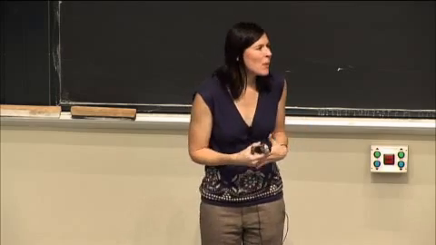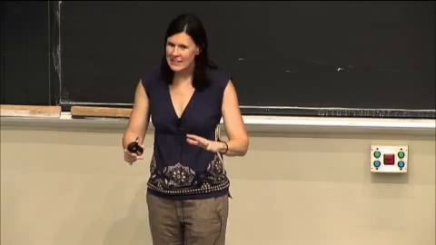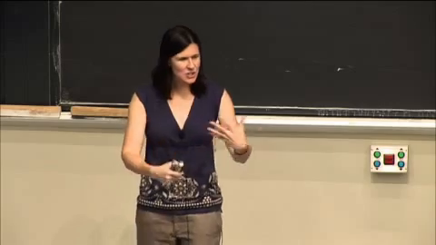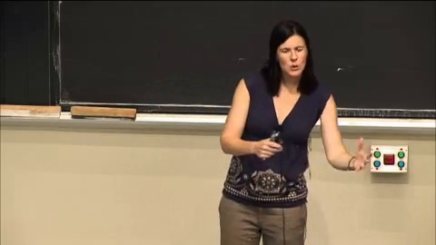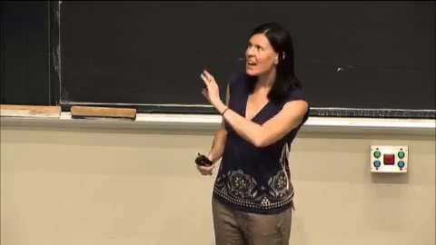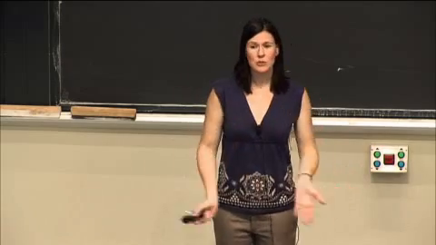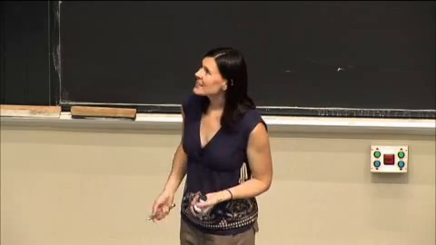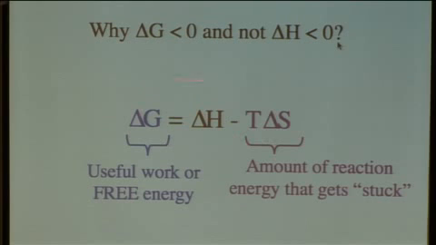For example, molecules, which we don't really go into in this class, have vibrational movements and rotational movements, and there's energy associated with those that can get stuck, as we could say, some of the enthalpy that's released in forming and breaking the bonds in our reaction. So that's a case where we could have a negative delta H but still end up with a positive delta G. And again, I haven't really gone into what entropy is yet, and we will in just a few minutes.